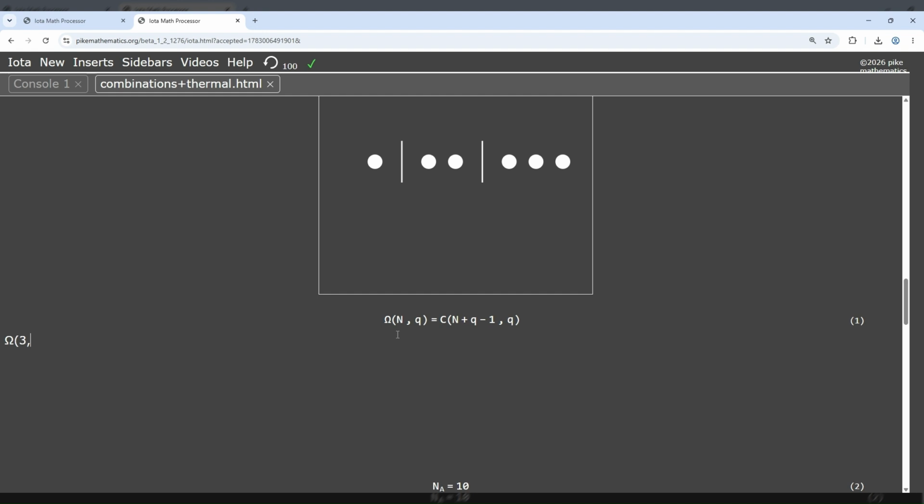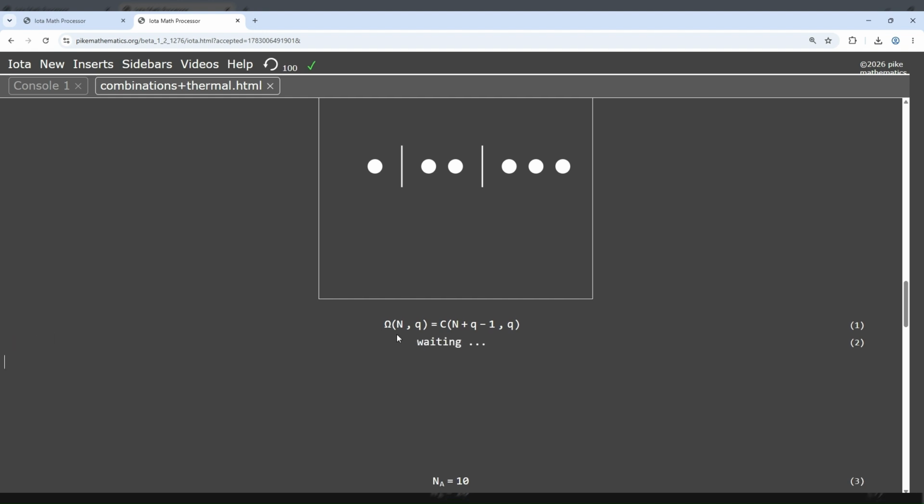I have three. And how many energy units do I have? I have six. Okay, there's 28 different ways that you can order these six units into the eight total spaces that we have. And again, this is called the multiplicity, and the macrostate is three oscillators and six energy units.